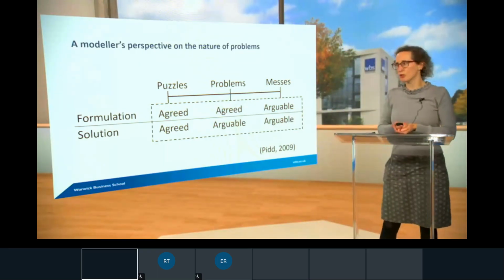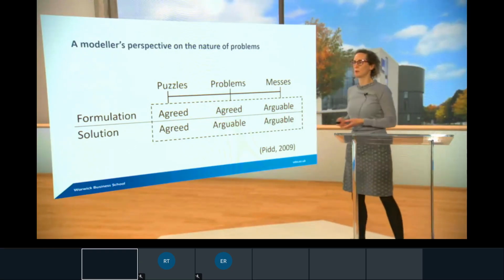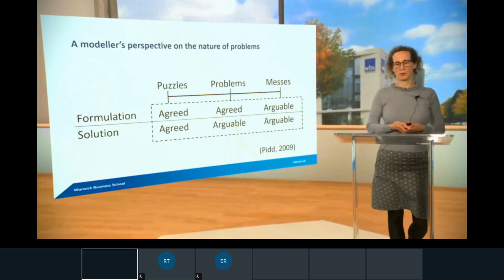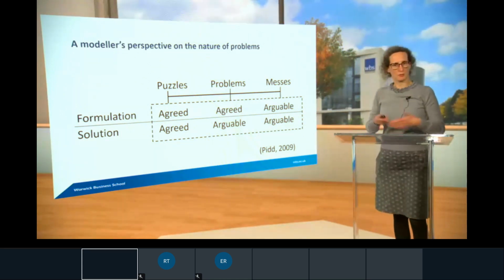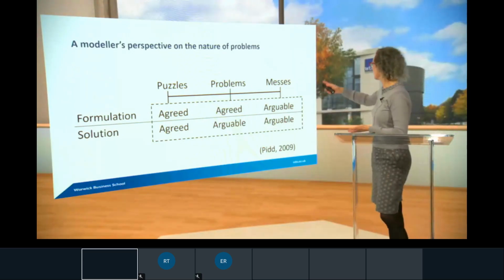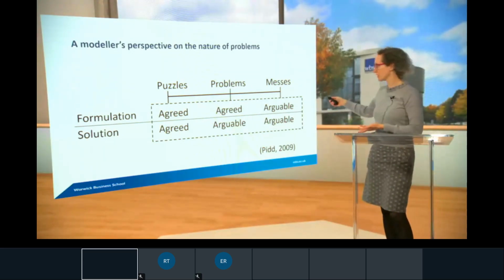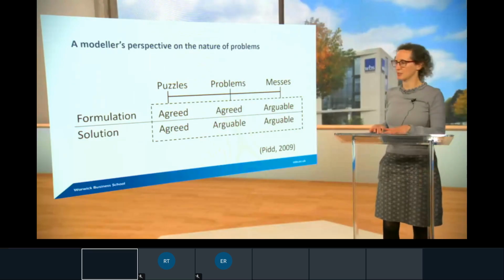This is then further contrasted with the situation where the formulation of the problem is arguable, but so is the solution. And PSM would suggest, as I hope you've picked up from your reading, that in this type of situation where we have an arguable formulation and an arguable solution, that's where we might need the support of a facilitator.